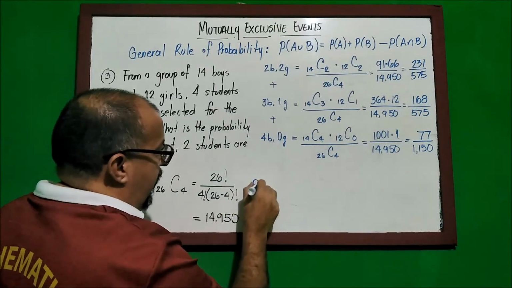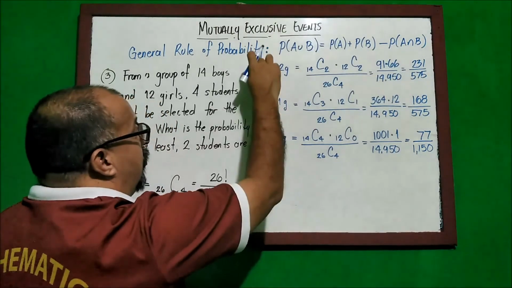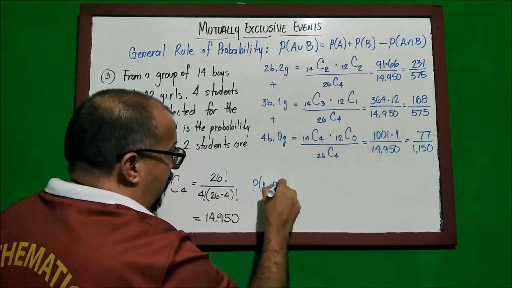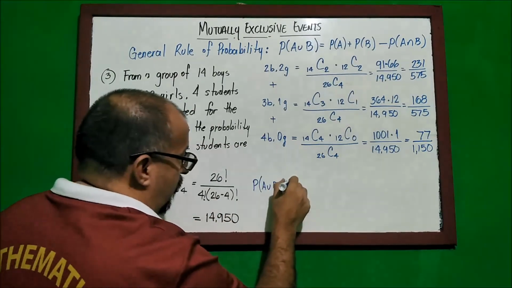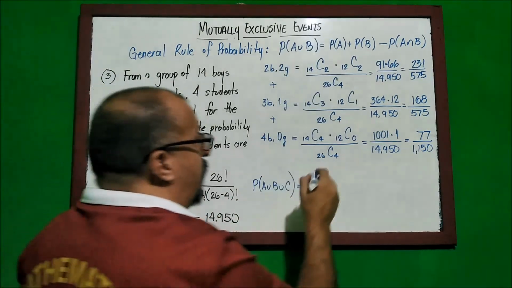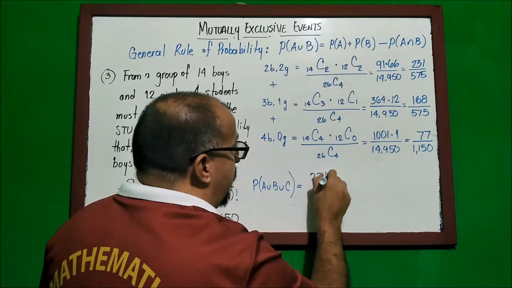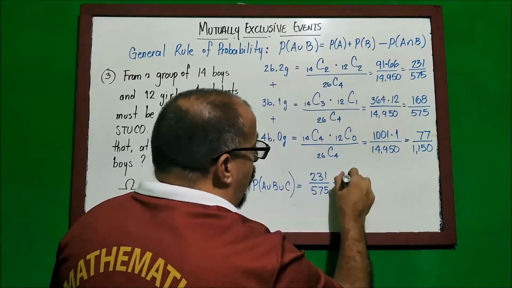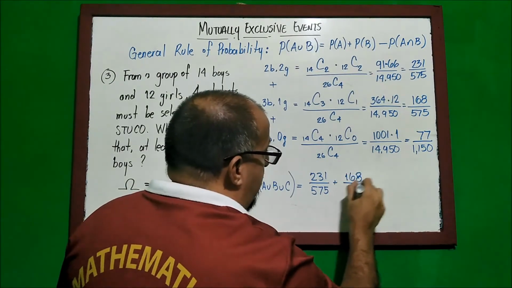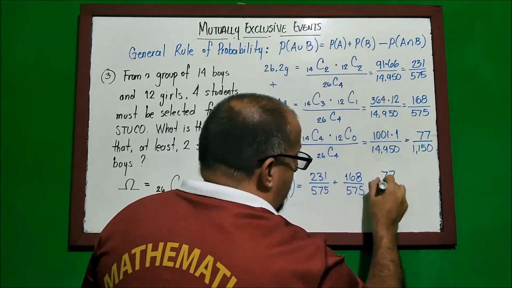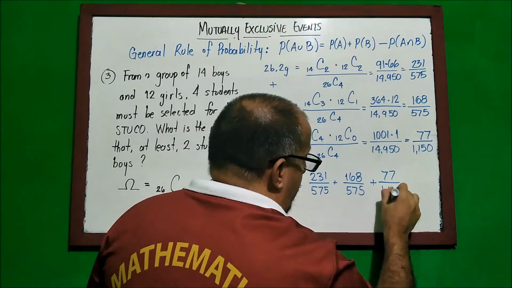using the general rule. So in this case, we're going to have P of A, if you want to call this event A, union B, union C. So in this case, we're going to have the addition of the three fractions that we have in here, 231 over 575 plus 168 divided by 575, and finally 77 divided by 1,150.